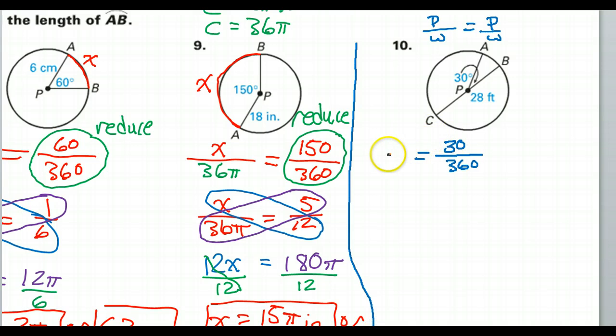Now on the left, we're going to do part over whole length. Of course, the length we don't know, so that's going to be x. Now the whole, that's the circumference. Okay, so that circumference is 2 pi times the radius. So this is 2 pi times 28. That's the whole, it's the circumference.